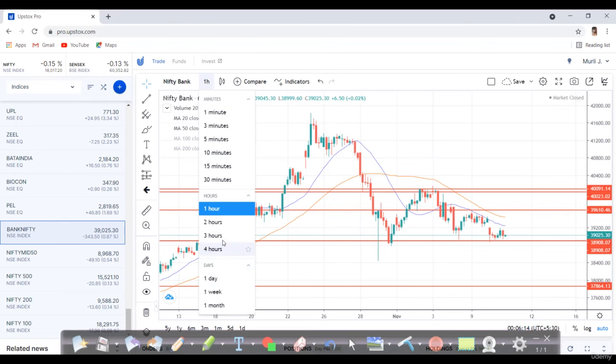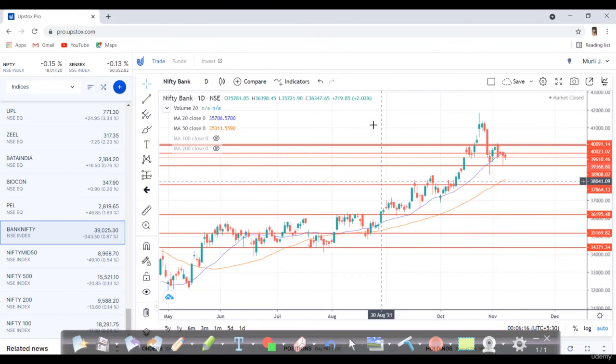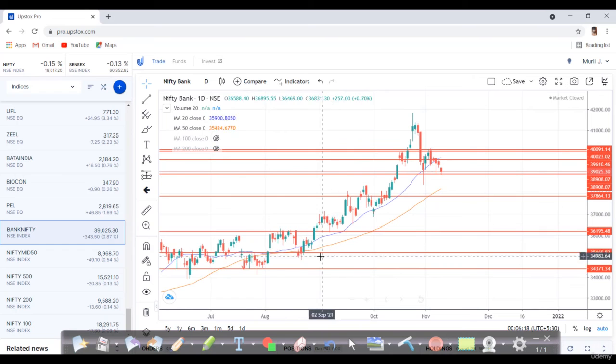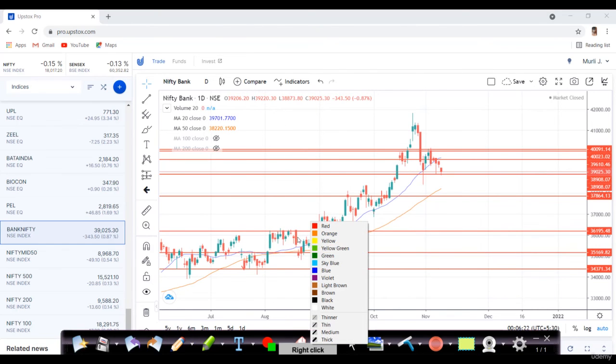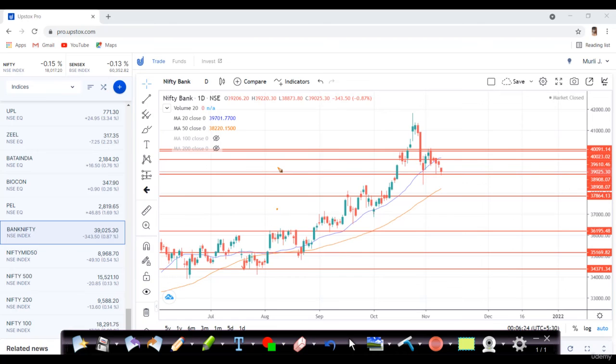I will check the same thing with the 1 day time frame. Now we can observe bullishness in the market from this line. But now the candle has started trading below this line, so obviously some selling is happening. So I am checking multiple time frames.